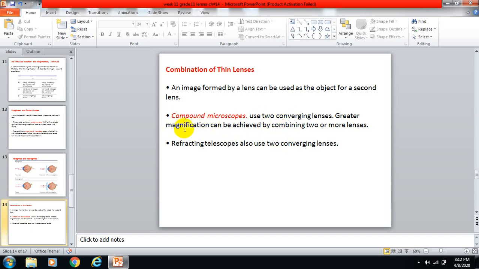Magnification can be used for that as well, because it interacts with the object and images. So by using converging lenses, by making them two, you can achieve better magnifications.